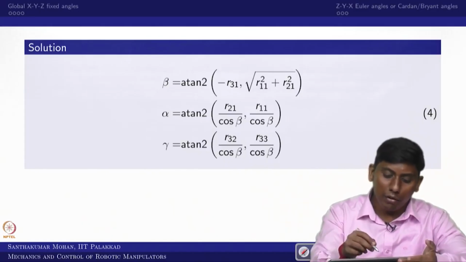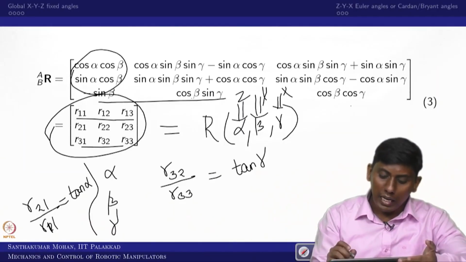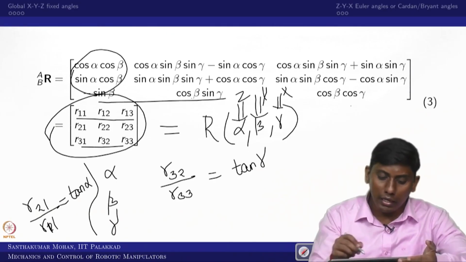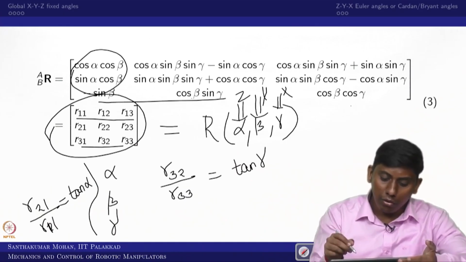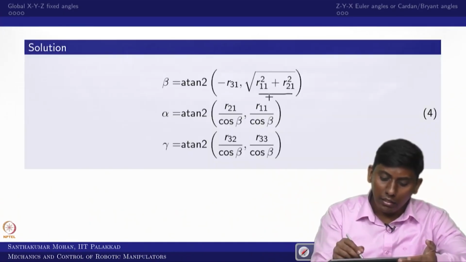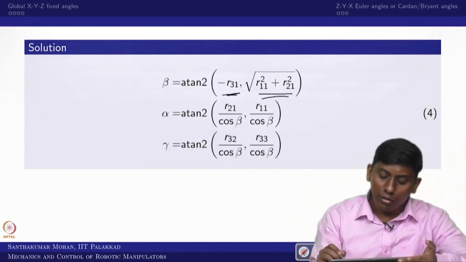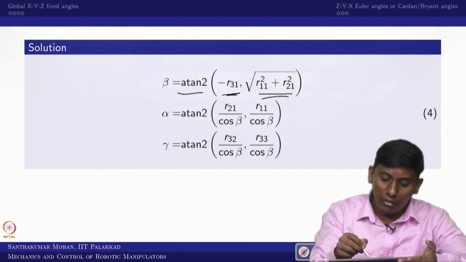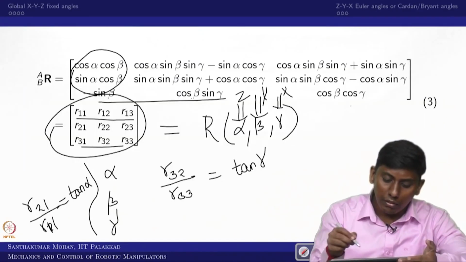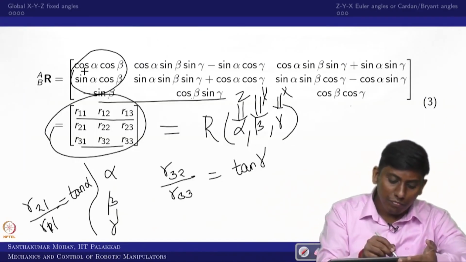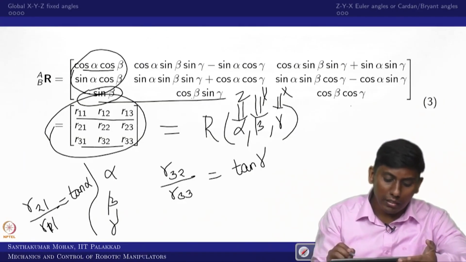If I square and add and take the square root, what do I get? That is equivalent to cos beta. Then R31 is minus sin beta.